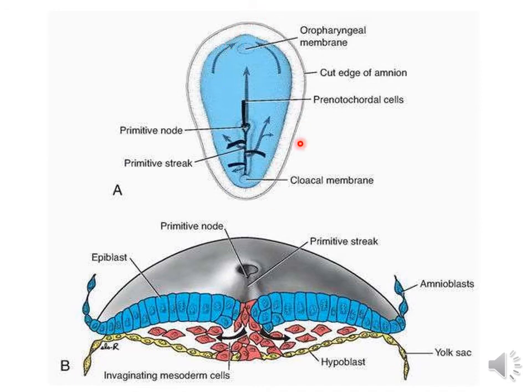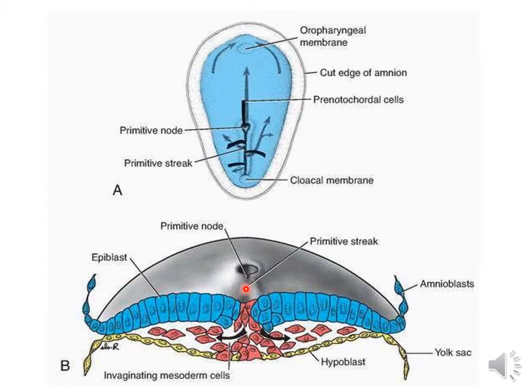This is again the embryonic disc. Here is the primitive streak at the posterior part of the dorsal side of the embryo. It's a primitive node and pit. The migration of the cells occurs through this groove, and they will move in the lateral direction and in the cranial direction.